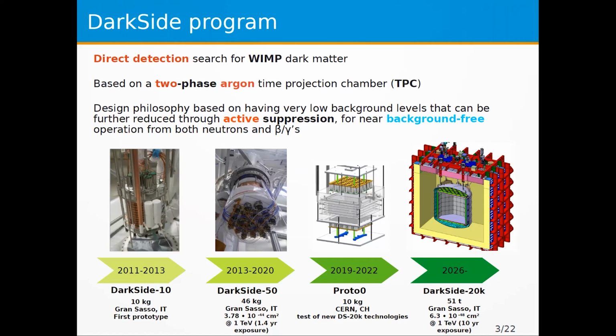But in order to do that, a set of new prototypes needs to be built first, and that was the Proto series in the years in between, especially Proto 0 and Proto 1. That was almost a scaled down version of the DarkSide 20K detector with all the needed technology to be tested inside.